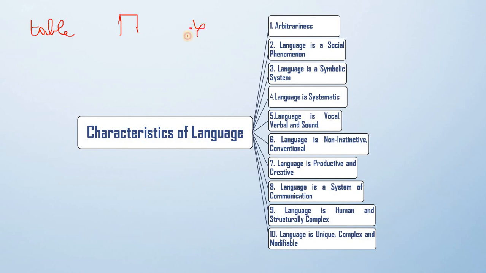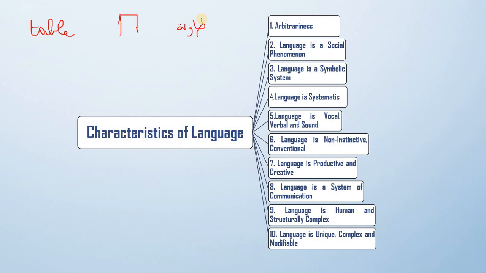So it means that there is no relationship between the thing, the idea we indicate, and the word that is used to indicate it. So the signifier and the signified, there is no logical relationship between them. This is what we mean by arbitrariness.